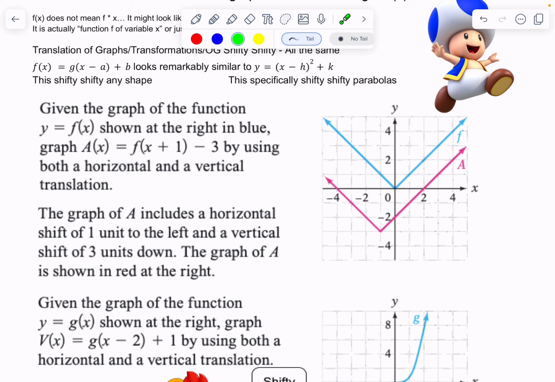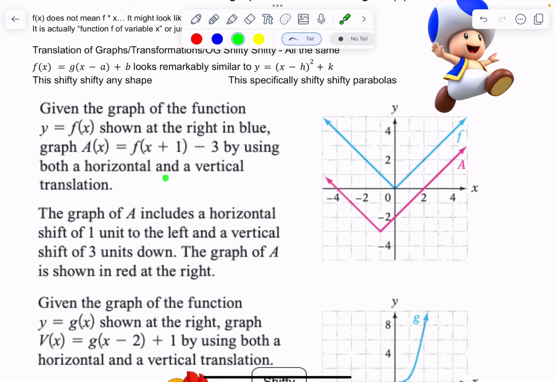Let's just go with what we got for the first example. Given that the function y equals f of x shown to the right in blue, the graph a of x equals f of x plus 1 minus 3. The way I would remember that is you're shifting what used to be at the origin.